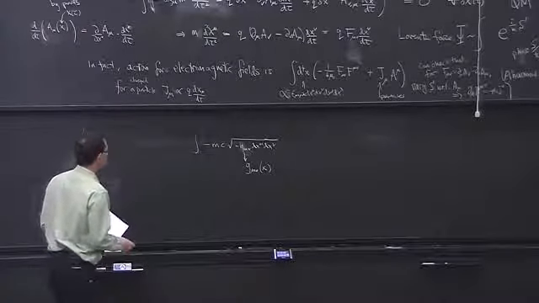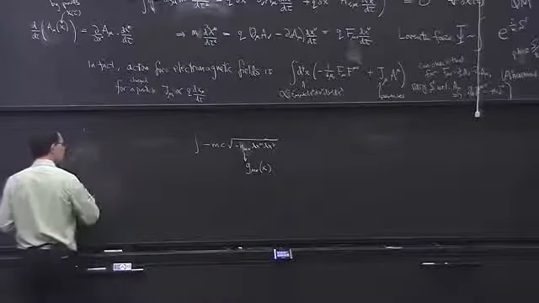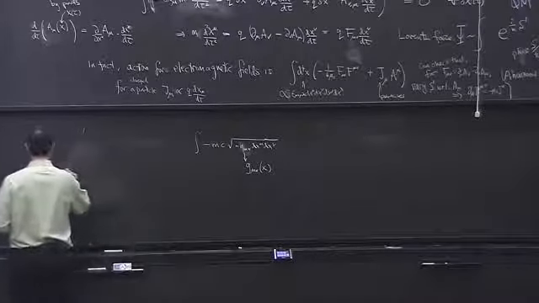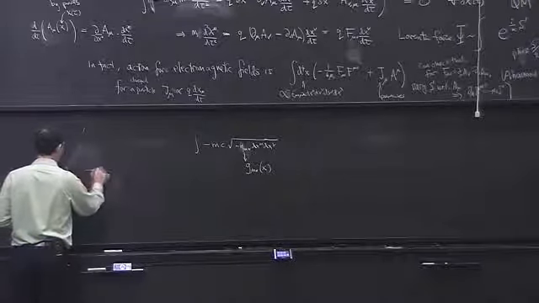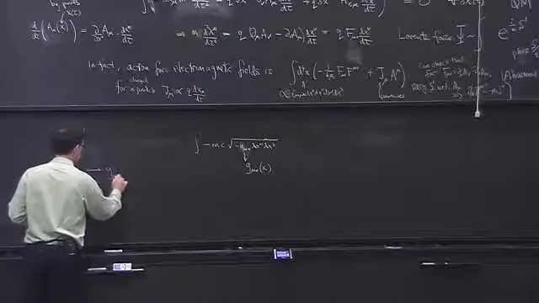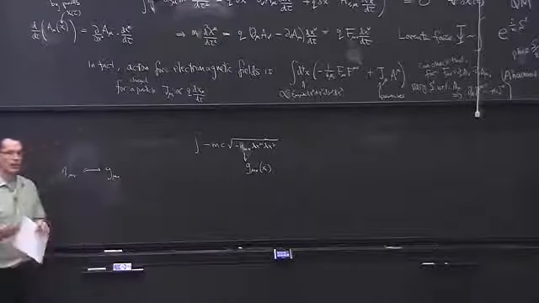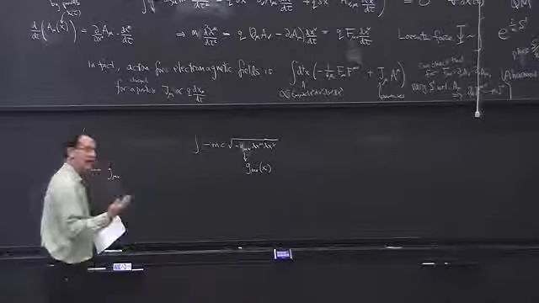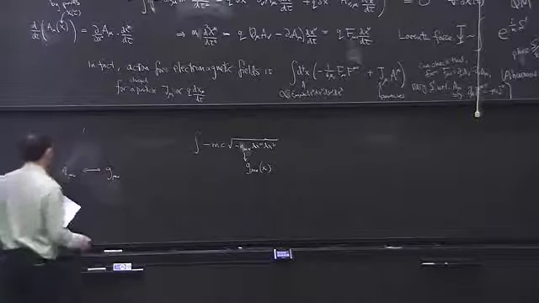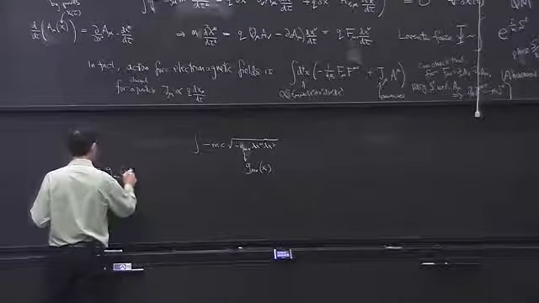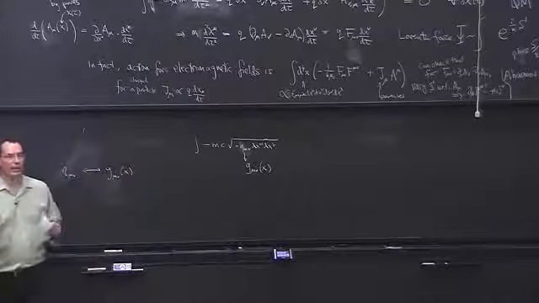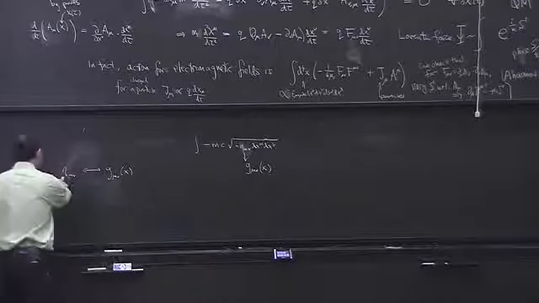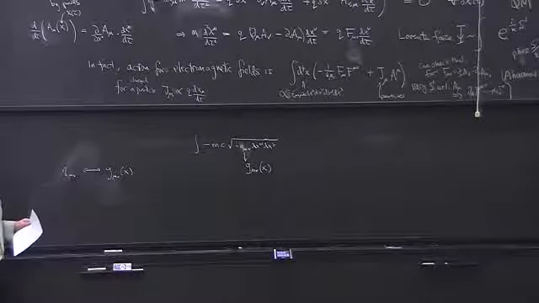So let's understand this. We want to think of eta mu nu as a special case of a matrix we're going to use to measure lengths in space-time. The difference is that this g mu nu is allowed to depend on x. It'll be different in different places in space-time, whereas eta was a constant matrix.